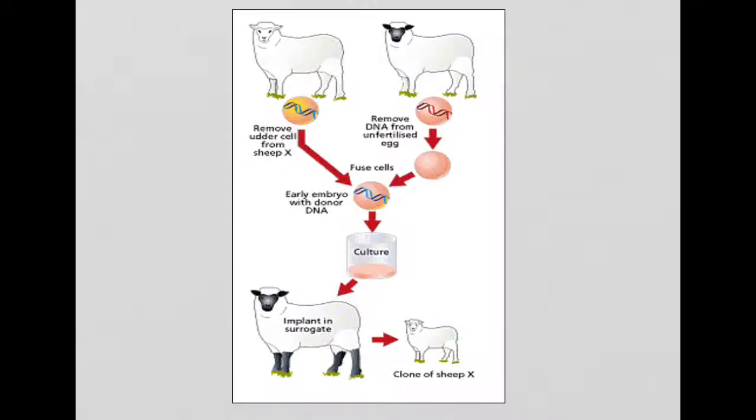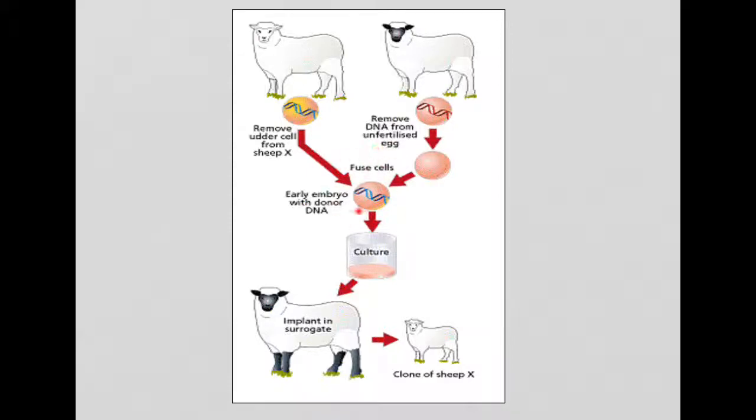So here's a good chart just to summarize what we just talked about. We have the udder cells that we take from a sheep that has a white face. We take that DNA, and then we're going to combine that with an enucleated egg that we get from a sheep that has a black face, right? We remove its genetic material so that it's empty, insert the genetic material from the udder cells into this empty enucleated egg.